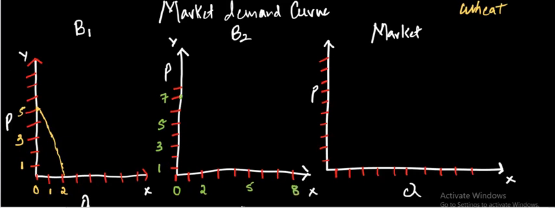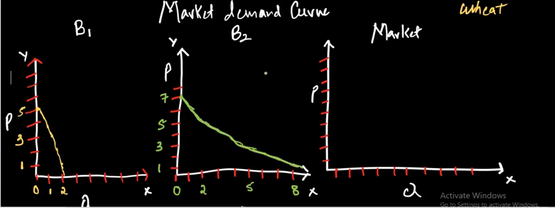So if we just plot it up, we get a point over here. We can just join this up and we get a curve like this. You can draw a freehand curve on your notebook.